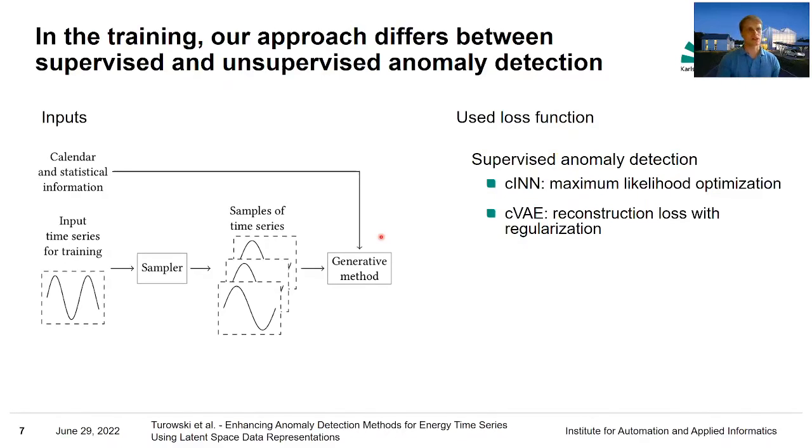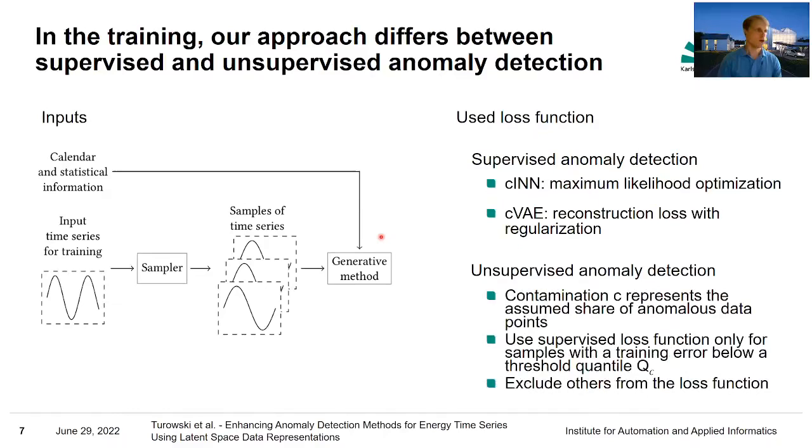But what is interesting is which loss function we apply for unsupervised anomaly detection. Because our idea is that we want to assume a share of anomalous data. So we define a contamination C that represents this assumed share of anomalous data points, and we use the above mentioned supervised loss function only for the samples with a training error below a threshold quantile, QC.